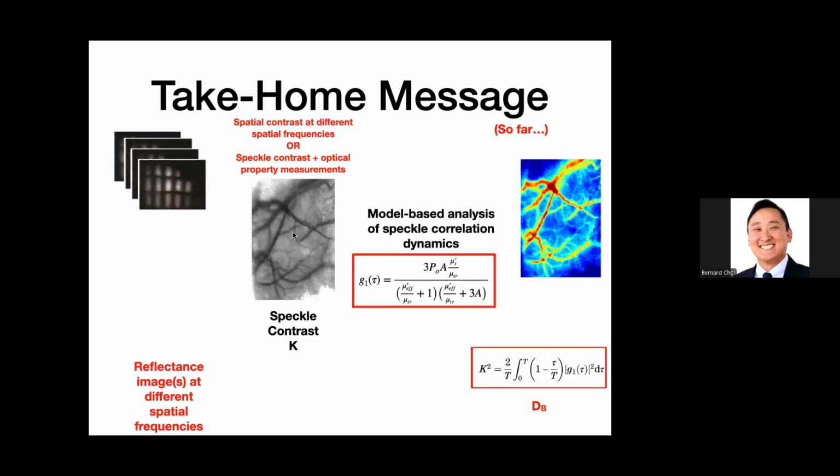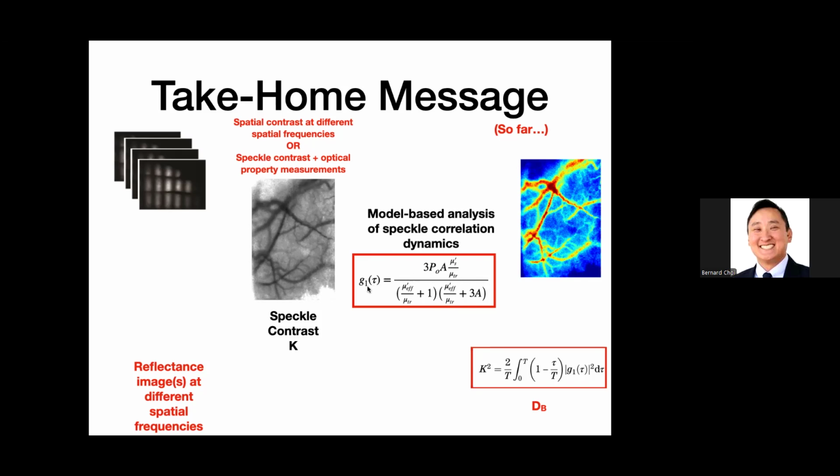So in this case, you could do reflections at different spatial frequencies. This is actually an example of laser illumination through this spatial light modulator. So we have structured coherent light. You could also do separate measurements, what have you. So you can get these speckle contrast maps, and then you do the fitting to this electric field correlation function.